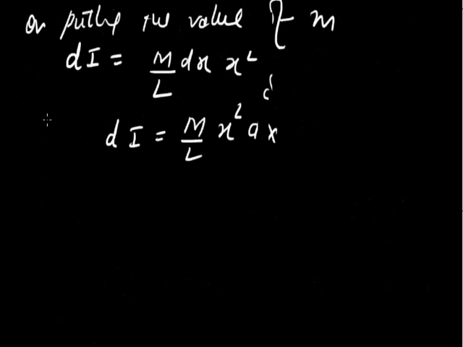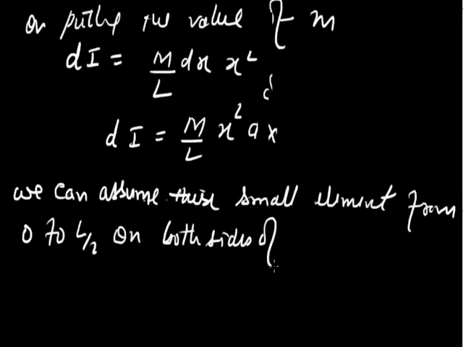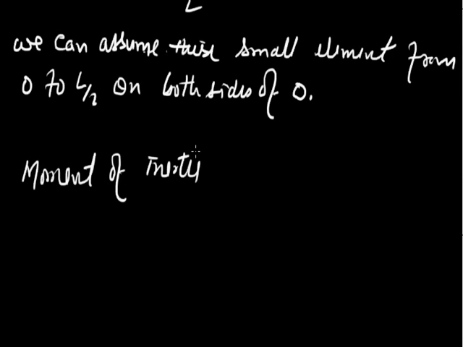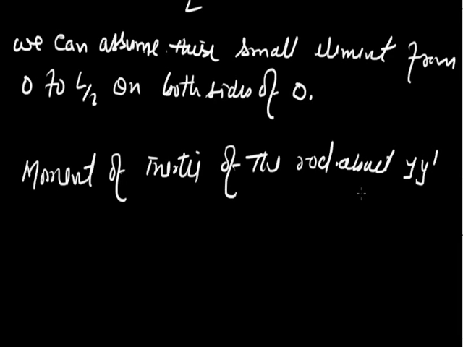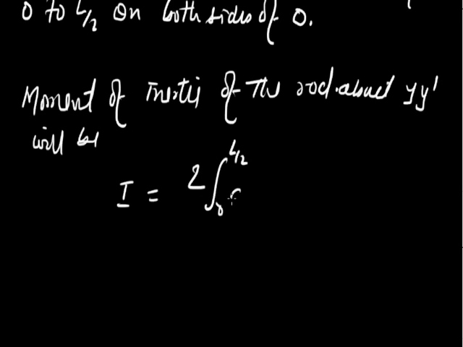So for the total moment of inertia, we can assume these types of small elements from 0 to L by 2 on both sides of center O. So the total moment of inertia of the rod about y dash will be I is the integral of dI, which is 2 times the integral from 0 to L by 2 of dI.